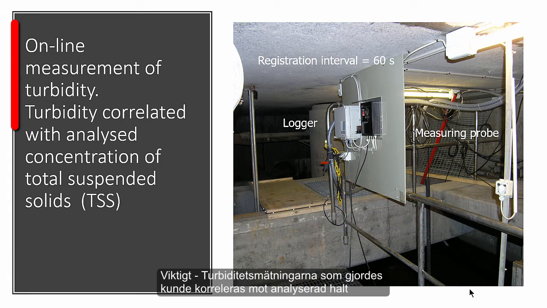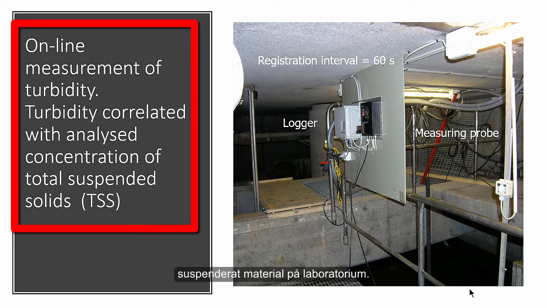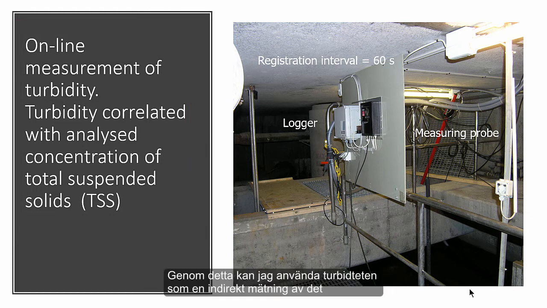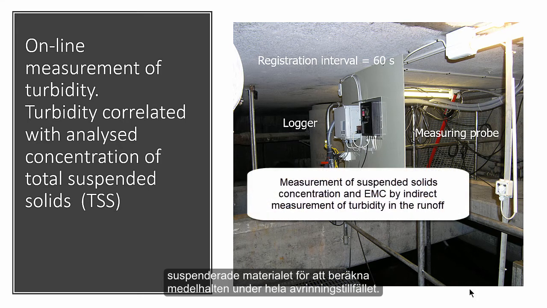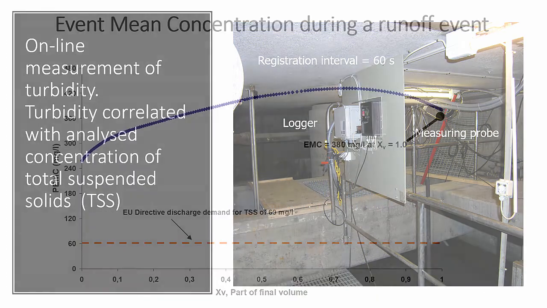Importantly, the turbidity measurement I had correlated to the analyzed concentration of suspended solids in the laboratory. This means that I can use the turbidity to indirectly measure the suspended solids concentration to calculate the event mean concentration, the suspended solids concentration over the complete runoff event.